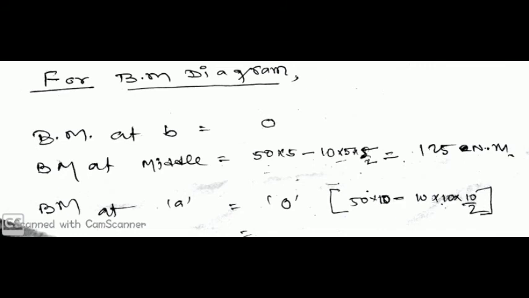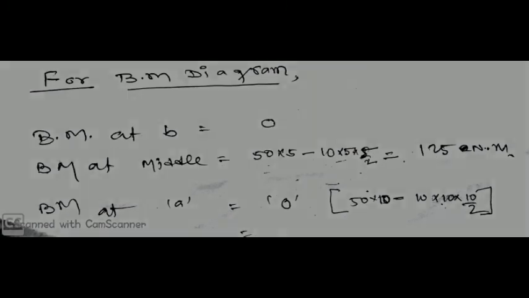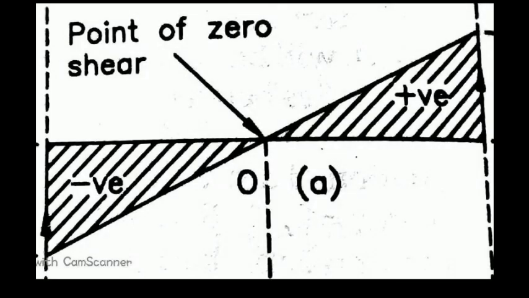Now let's see the diagram. For the SF diagram, we take a scale: 50 kilonewton at point B is taken as 5 units. Since 5 units in the upward direction is positive, as we have already told you, then the SF at the middle is 0, so draw a straight line.